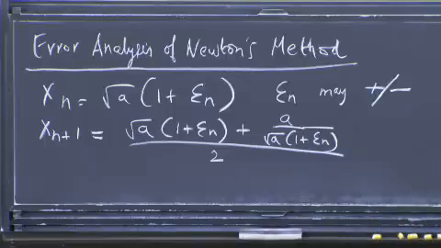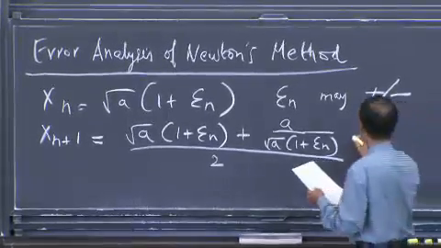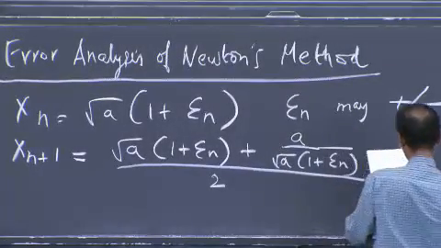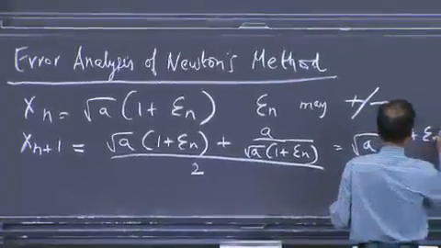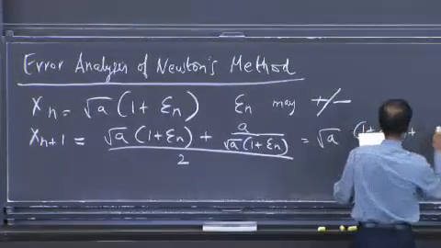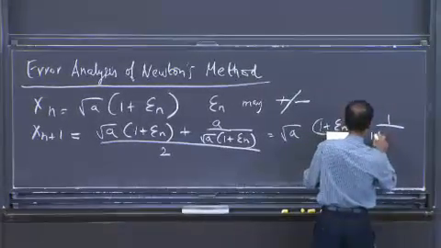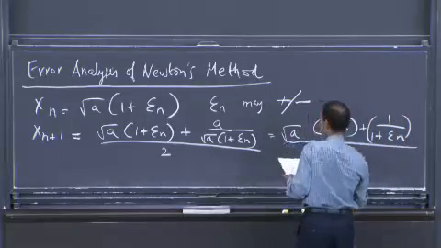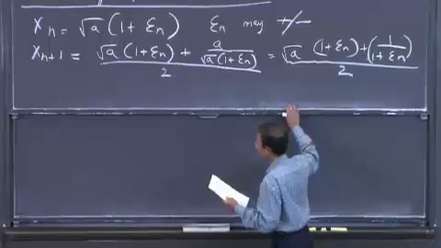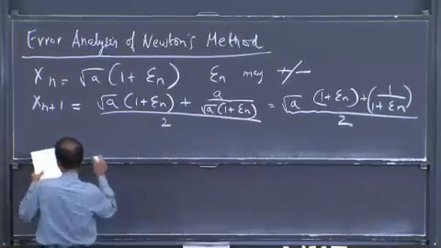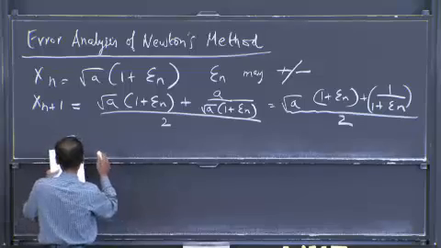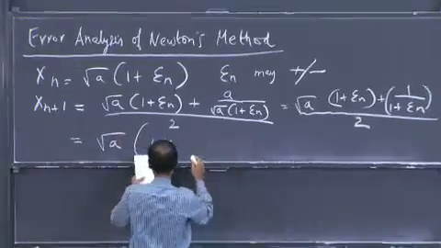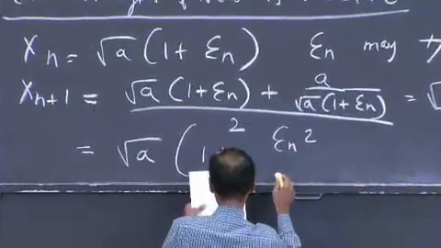Just plugging in the value of x_n, and then a couple of steps of algebraic simplification. You can pull out square root of a here, then you'll have 1 plus epsilon_n, plus 1 divided by 1 plus epsilon_n over here, the whole thing divided by 2. And if you keep going, there's one step that I'm skipping here in terms of simplification, but let me write this last result out.